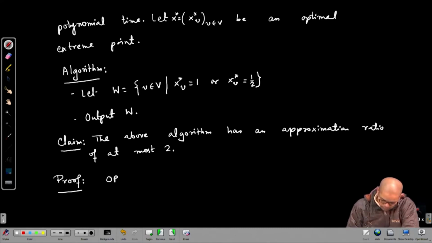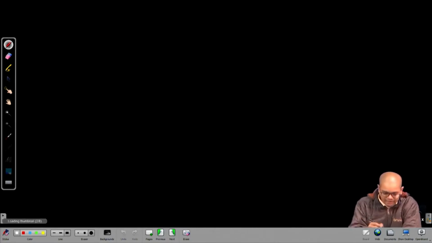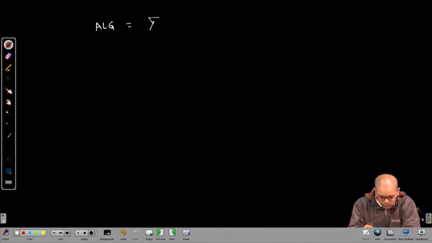So, opt is greater than or equal to the summation of w_v x star v, v in V. On the other hand, alg is the summation over v in W of the weight of v.